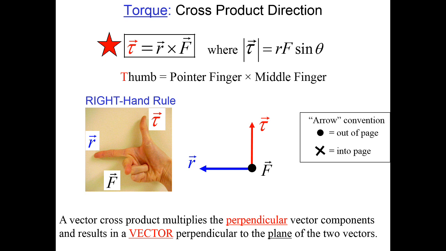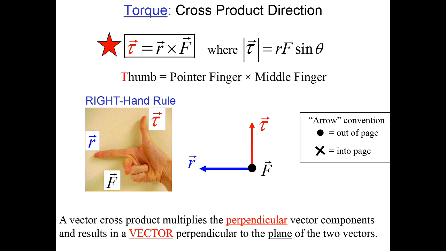So earlier we used one version of the right-hand rule to find the direction of the angular velocity and the angular acceleration vector. To use the cross product right-hand rule, the way I do it is I take my index finger and I point it along the lever arm vector, so that's the r. Then I point my middle finger in the direction of the force.